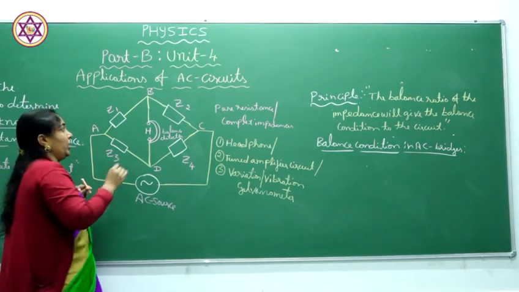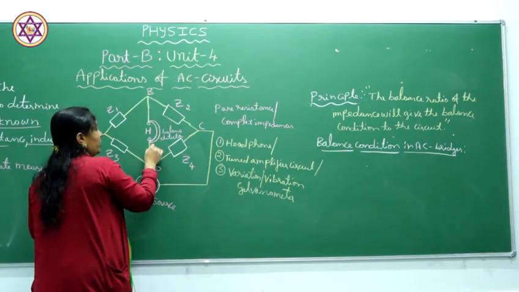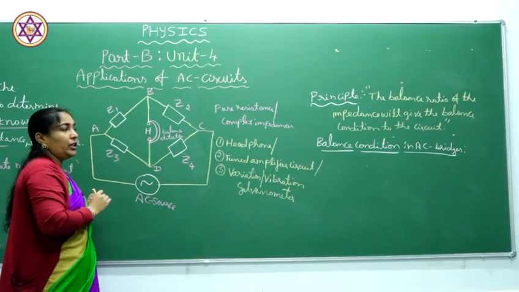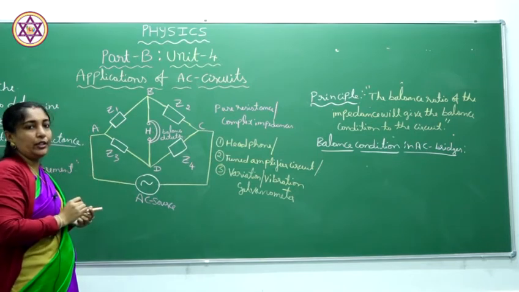At this situation, the potential difference across the galvanometer will be 0. This is the balance condition in AC bridges.